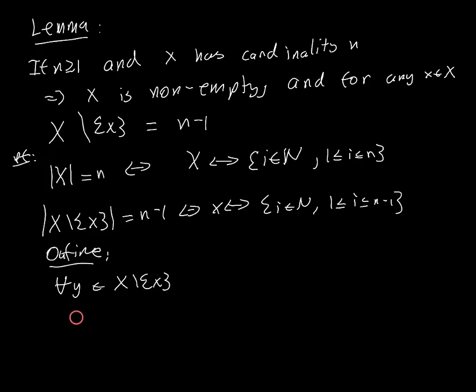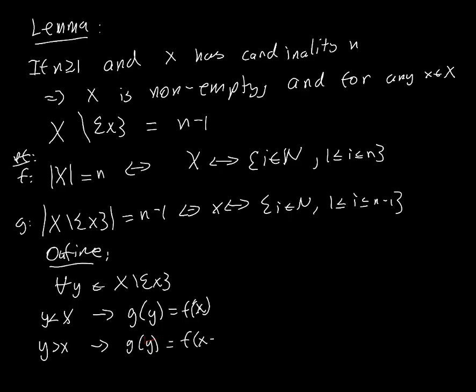If y is less than x, sorry, then let's denote this original map with f. Then I'll say that our new map, g of y, is equal to f of y. So if we have anything less, we just stick with the original. But if y is greater than x, y can't be equal to x because we're removing x, then we will say that g of y is equal to f of y minus 1.